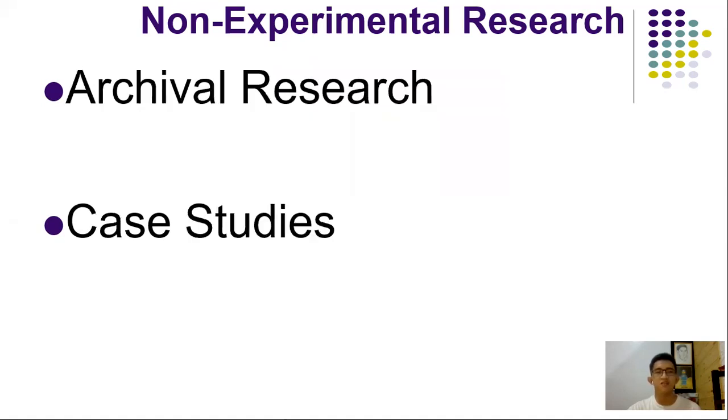Another type of non-experimental research is using the archival research. We use existing records or data in this type of research. So maghahanap tayo sa mga library, sa mga records sa PSA or sa Philippine Statistics Authority na mga data na ating makakailanganin. But we have a potential problem for this.